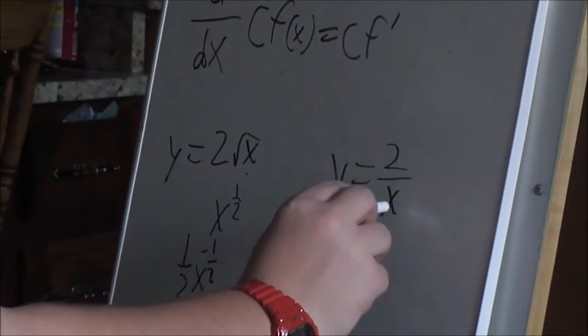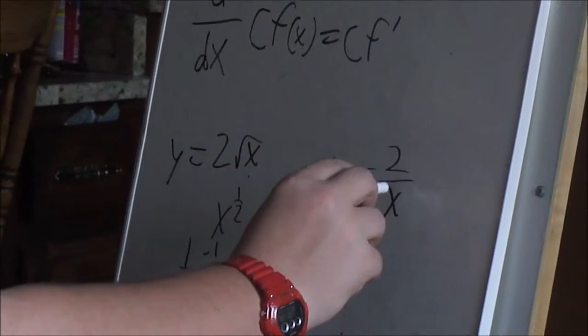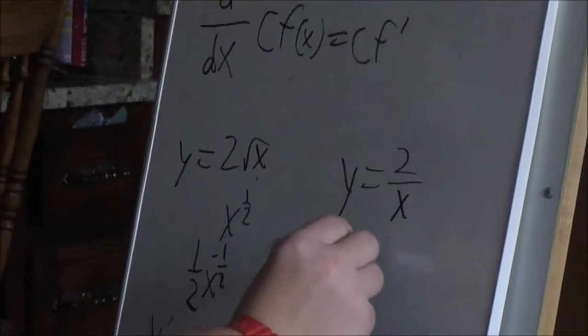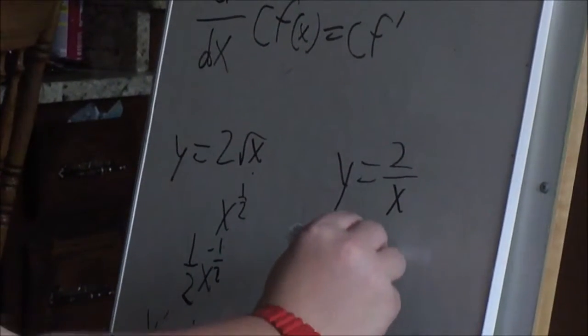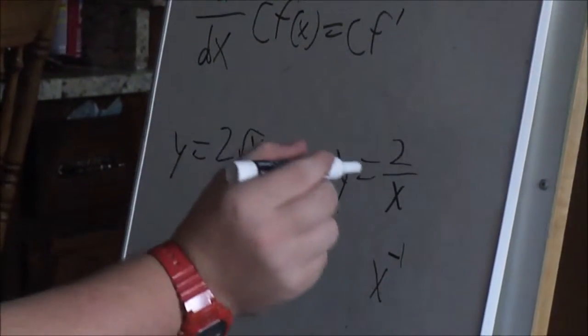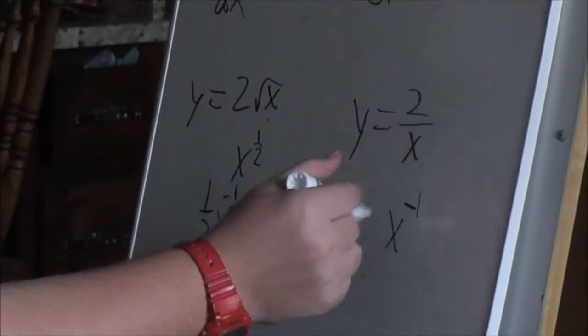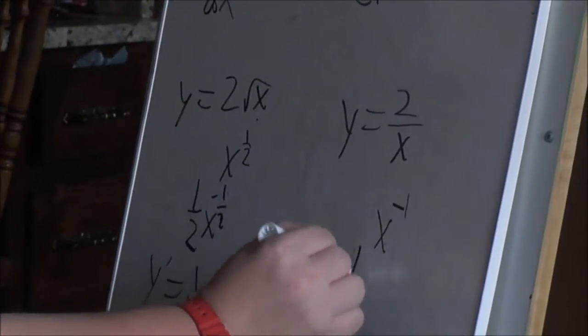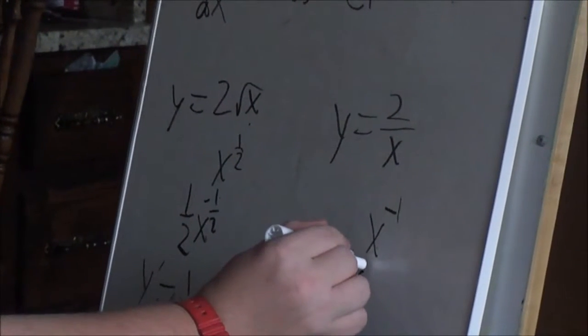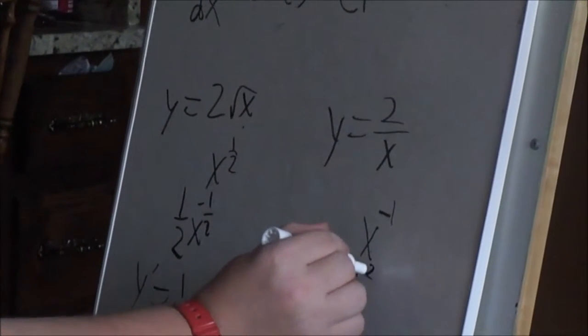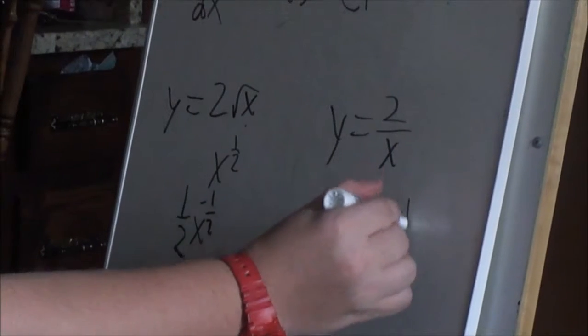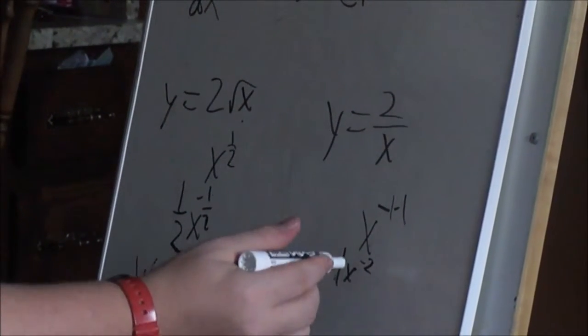So 1 divided by x as an exponent would be x to the negative 1. So then you find the derivative of that, which will be negative 1x to the negative 2 power, because you're subtracting 1 from a negative 1, which makes it negative 2.